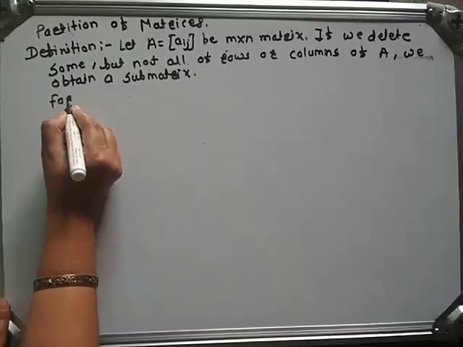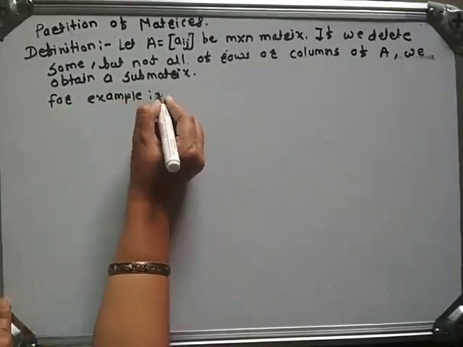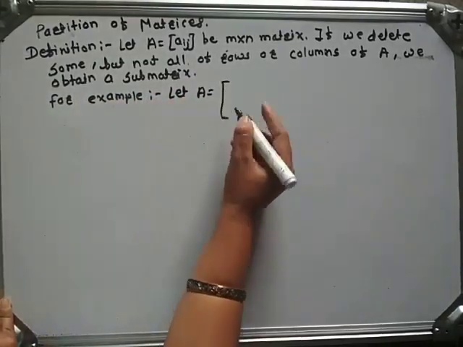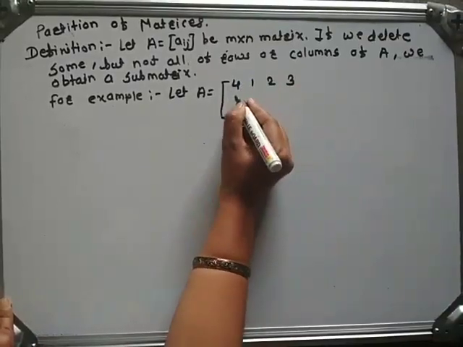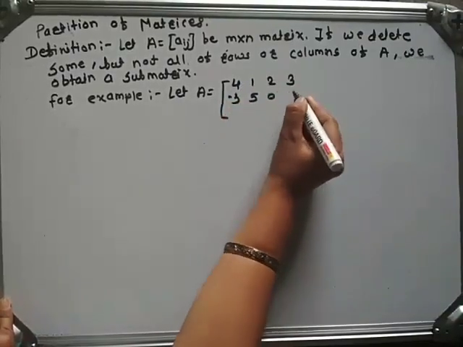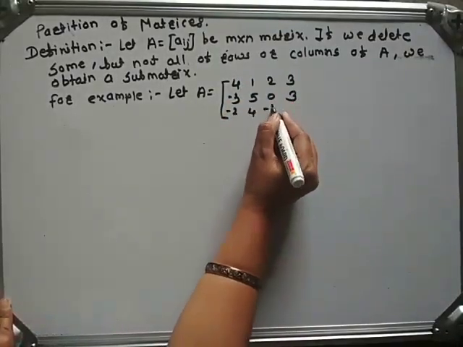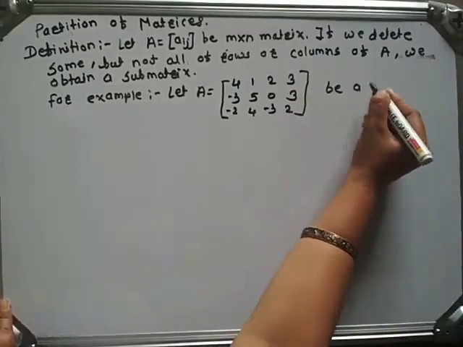For example, let A equal the matrix with rows 4 1 2 3, minus 3 5 0 3, minus 2 4 minus 3 2 be a matrix.